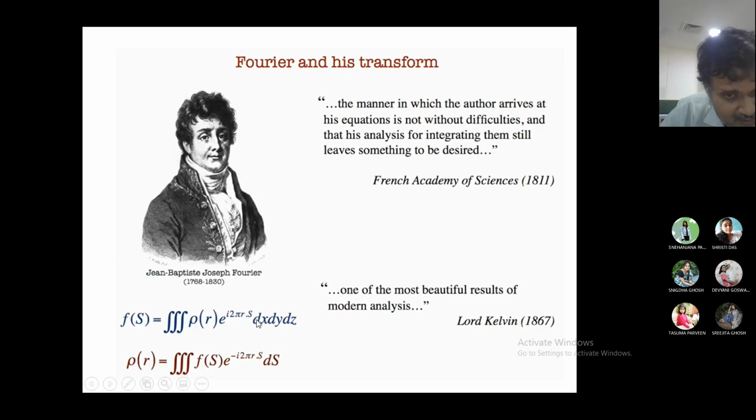This dx dy dz is the volume function, and this is the rho r. What they did was reverse transform the equation, and when you reverse transform it, you get the electron density at a particular point. That is what we want.